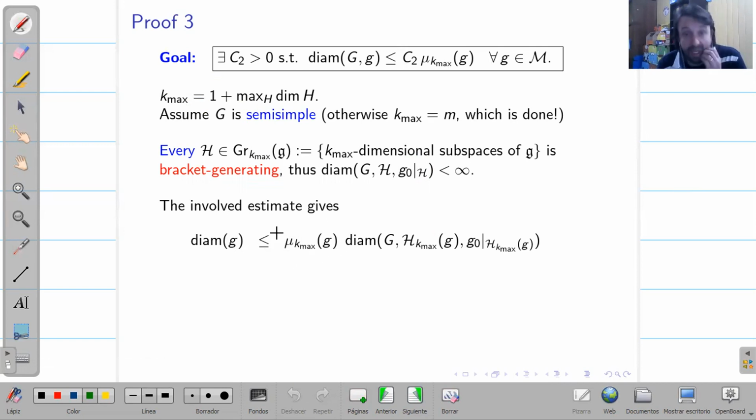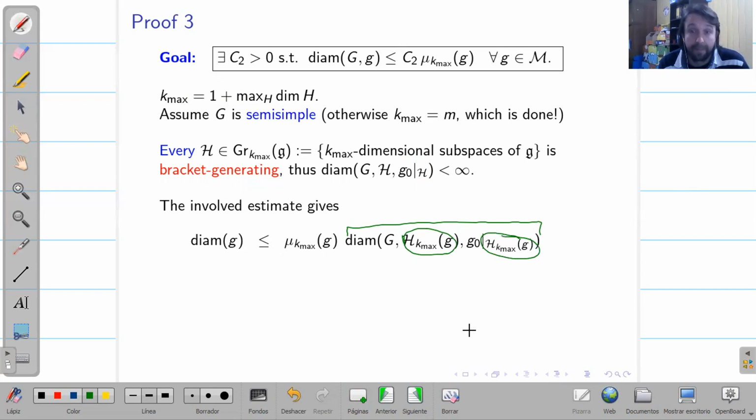We are putting k equal to Kmax in the identity in the previous slide, and the problem here, we already mentioned it, is that this depends on G, right?